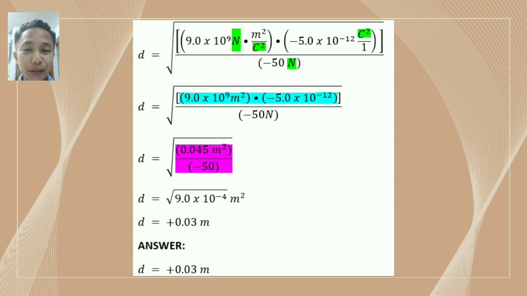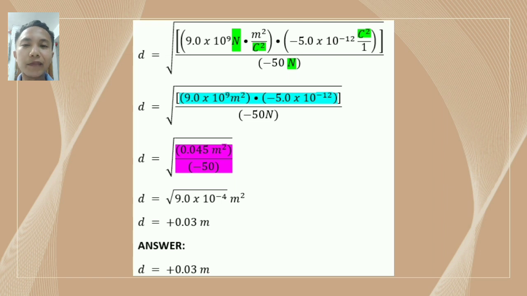Now, multiply Coulomb's law constant to negative 5.0 times 10 to the power of negative 12, and you'll get negative 0.045 meters squared.